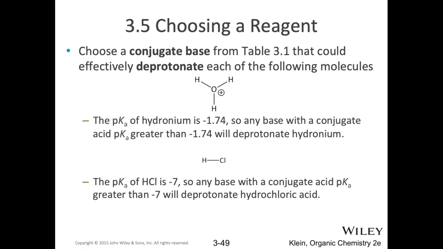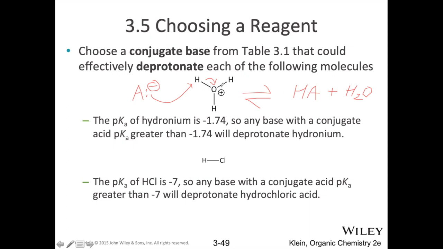So let's draw our base as the conjugate base of an acid. So for example, if I have A minus, that's our conjugate base, we have that coming in and deprotonating that hydronium. Okay, so we have an equilibrium now with HA and water.